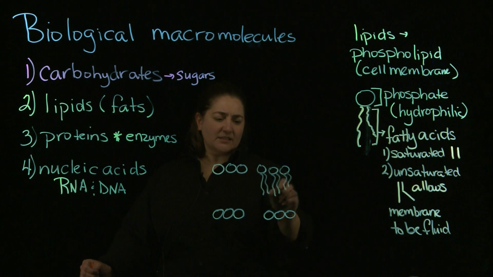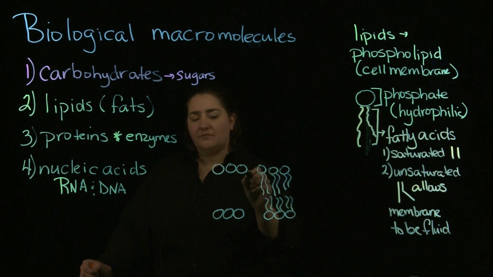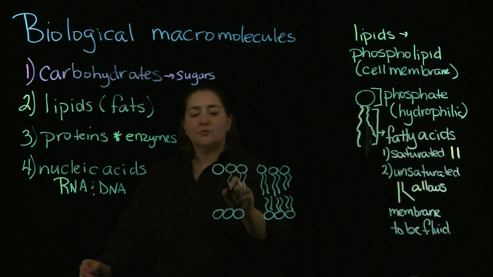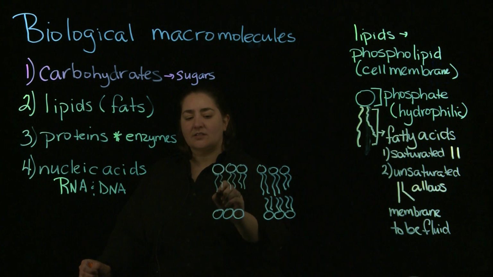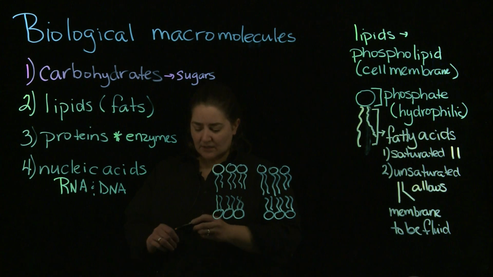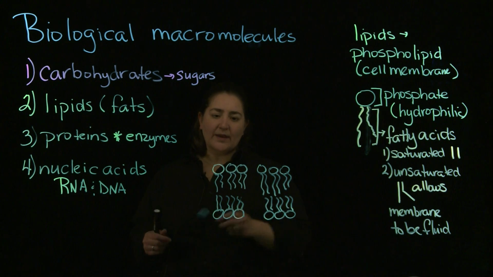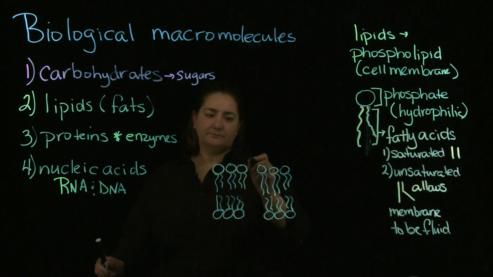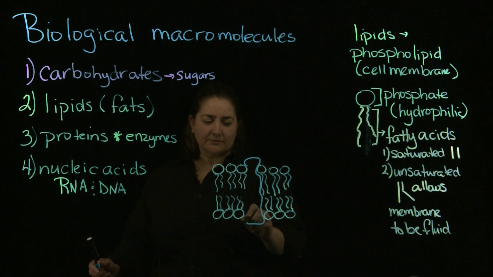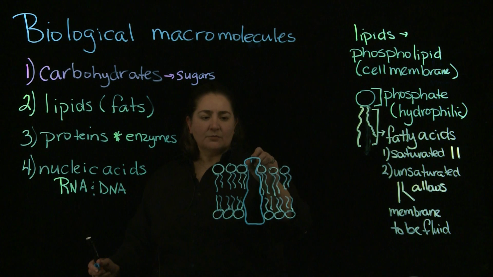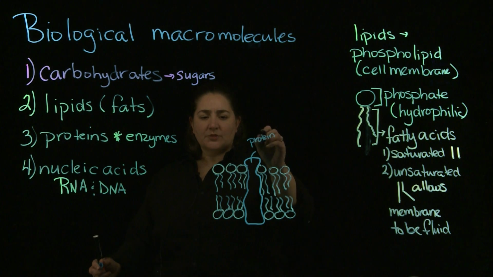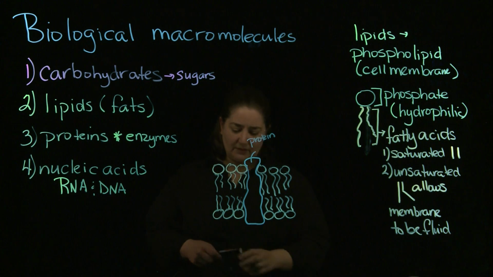We've got our fatty acid chains, and I do the wiggly lines just because it's faster to draw, all right? But each of these would contain a saturated and an unsaturated fat, all right? So in terms of that, the way things are going to orient, you're going to have like things wanting to be together, all right? And the blue bit I'm going to draw in here, we're going to put a protein in our cell membrane, okay?